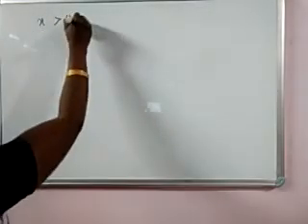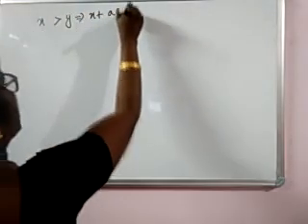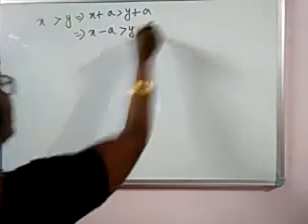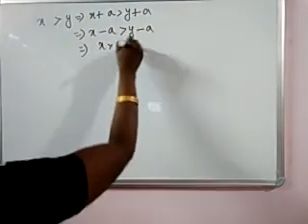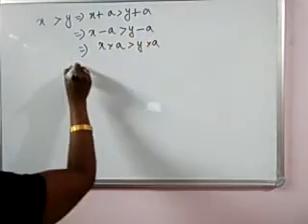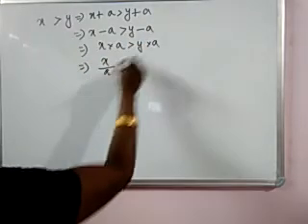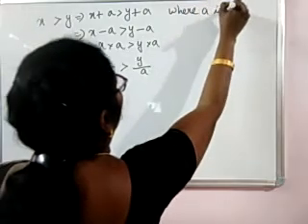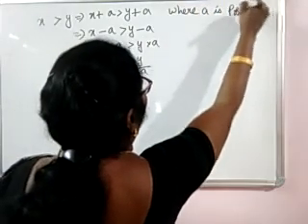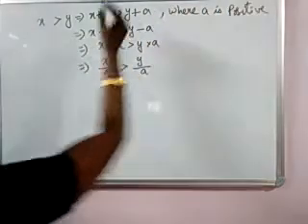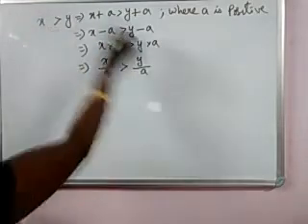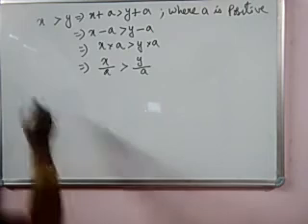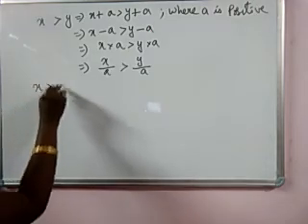That implies x plus a is greater than y plus a, x minus a is greater than y minus a, x into a is greater than y into a, and x by a is greater than y by a, where a is positive. If a is positive, you can add, subtract, multiply or divide both the sides of the inequation, and the sign remains the same.